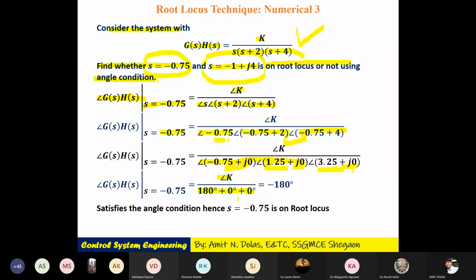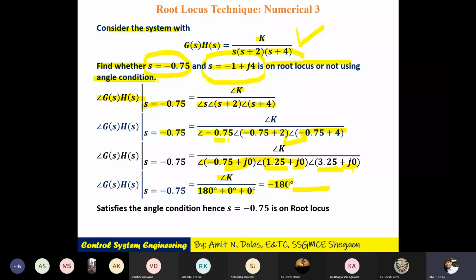And what is the angle condition? Your angle should be an odd multiple of 180, like 180, 360, likewise. So 180 into 1 is an odd multiple. Therefore, the point that we thought of, minus 0.75, is on the root locus.